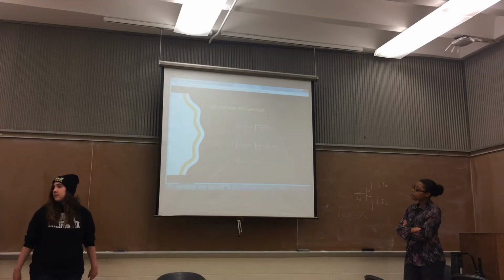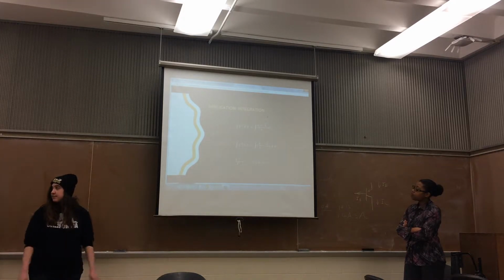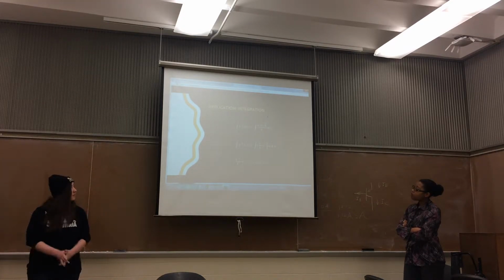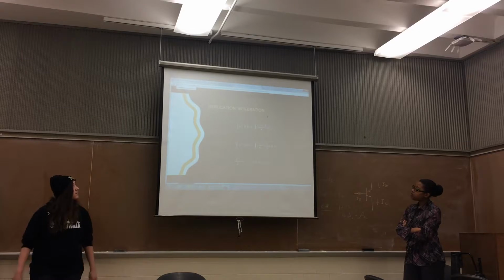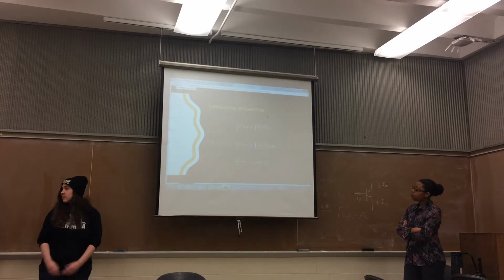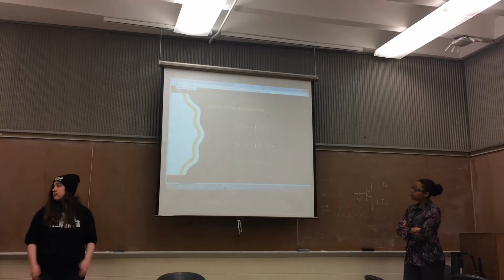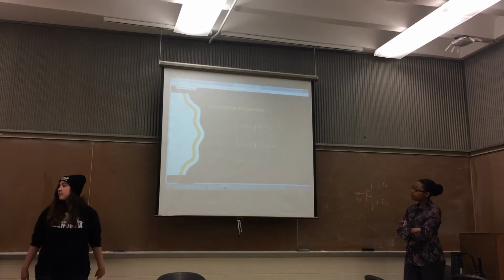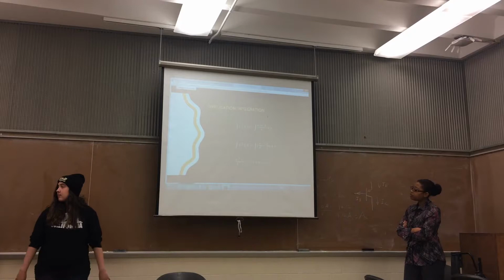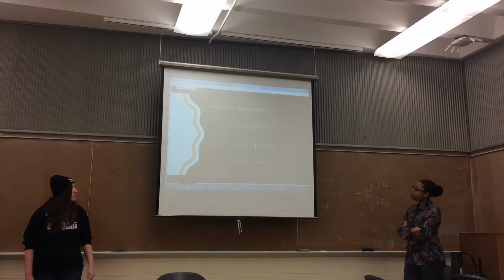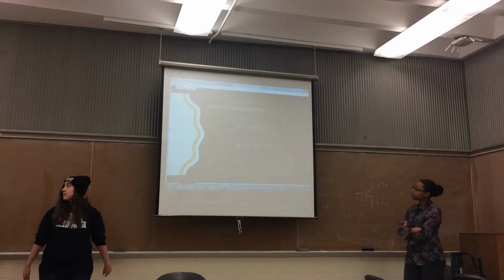Noticing x over x is just 1, you're going to have 1 minus 1 over x. So the integral of that will become x for the 1, and the antiderivative of 1 over x is ln of x. So you have y cubed over 3 equals x minus ln of x plus c. And there's only one c because it accounts for both the c's from the y side and the x side.